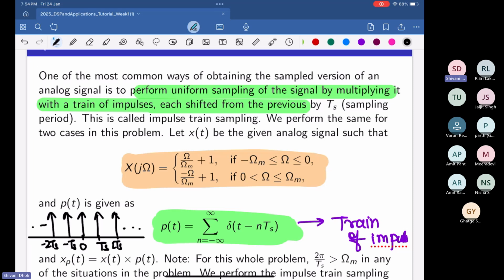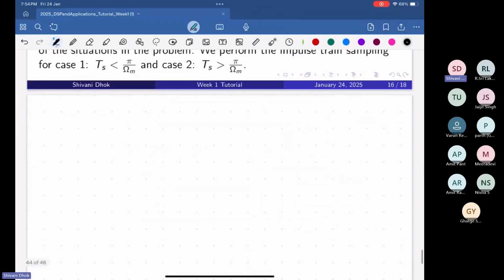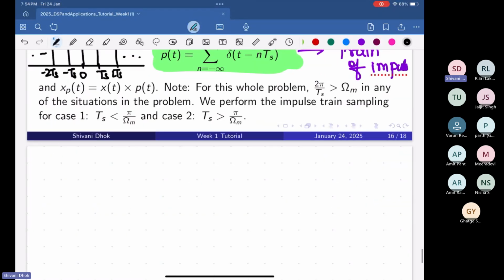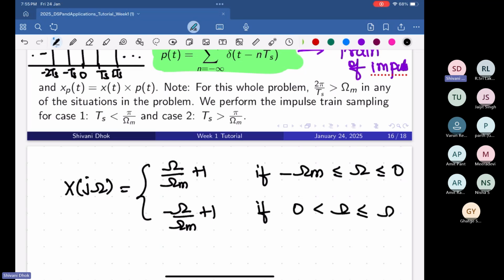So how does that Fourier transform look? What is given to us is X of j omega equal to omega by omega m plus 1 if minus omega m is less than or equal to omega less than or equal to 0, and equal to minus omega by omega m plus 1 if 0 is less than omega less than or equal to omega m.